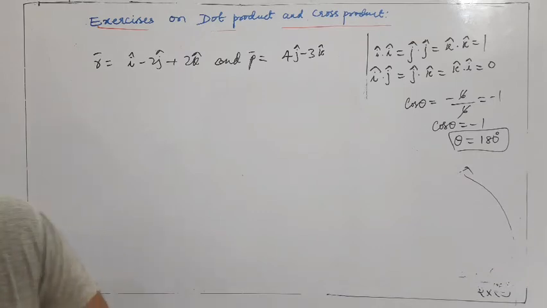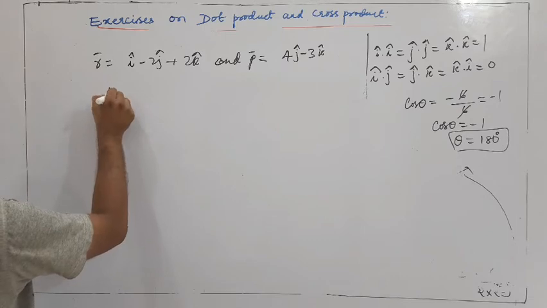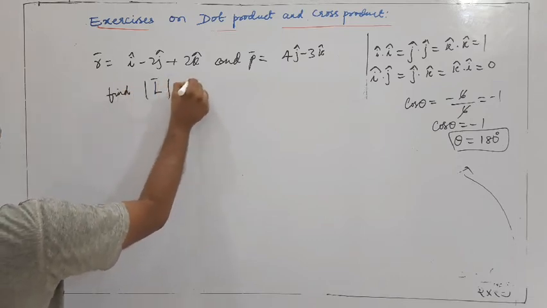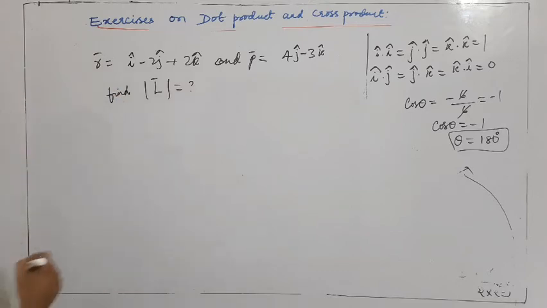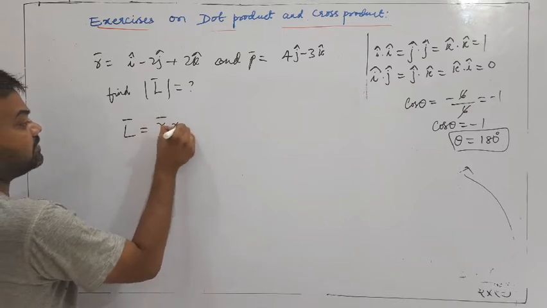What you have to find out? You have to find out the value of L. L we have to find out. You know, L means angular momentum. L is equal to r bar cross p bar.